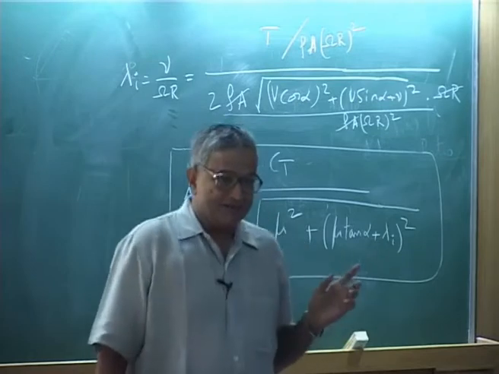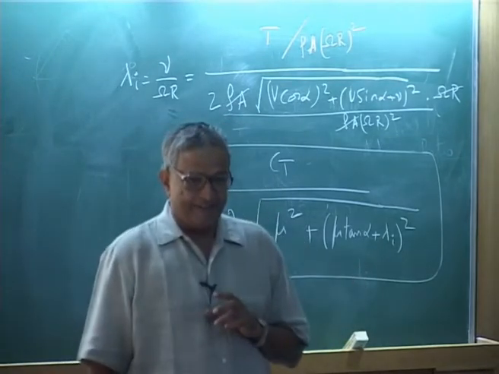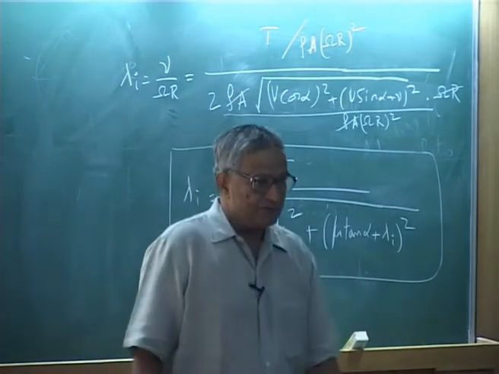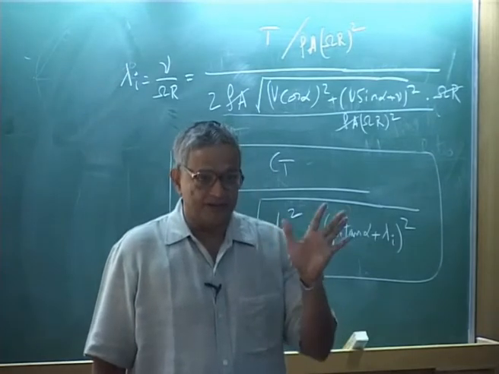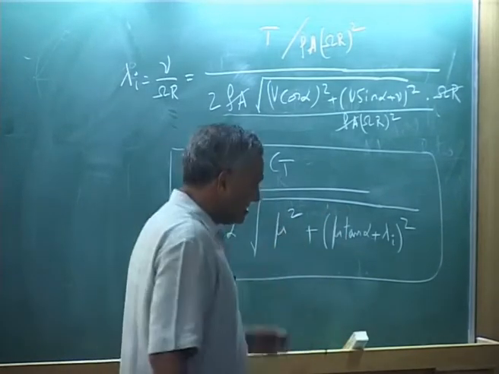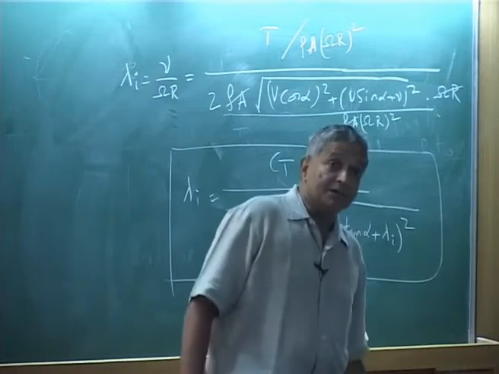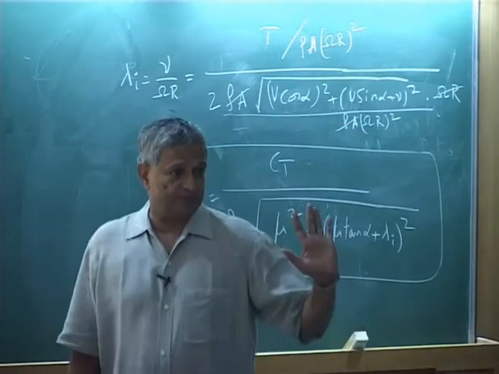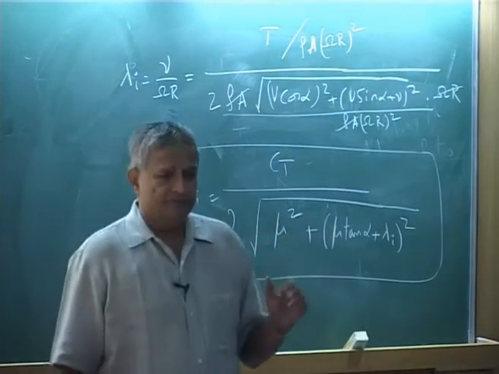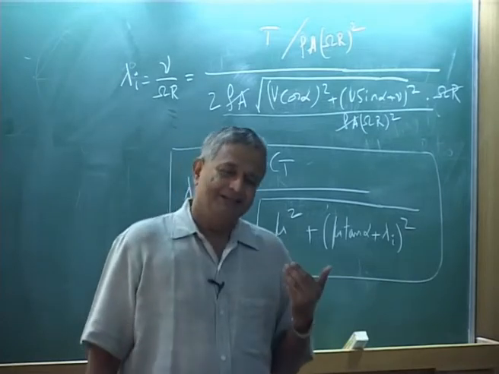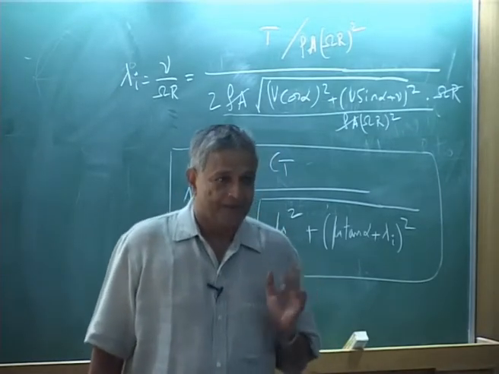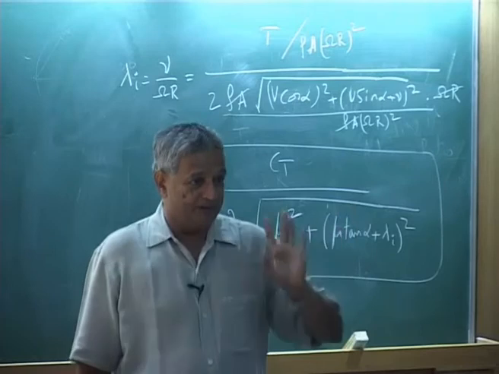Now, this is not that easy to calculate, because if you want to calculate, first of all you must know mu. Mu is advance ratio. Now, you understand this is what we use as a terminology in this course, advance ratio. Advance ratio means loosely forward speed by tip speed.